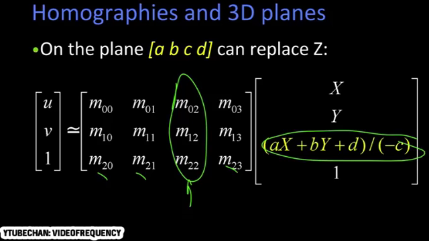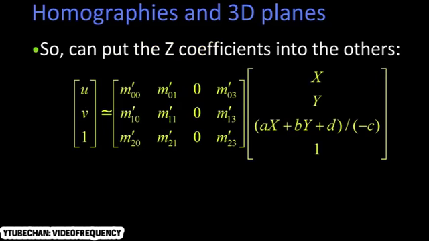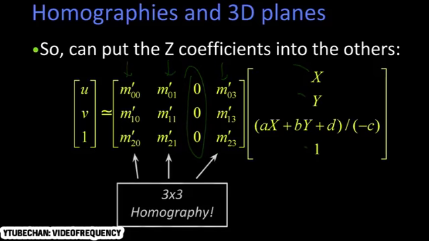I can put all the effect into those other 3 columns. So when I do that, it looks like this. And you'll notice I now have a column of zeros here. So that's really not doing very much. I just have these 3 columns multiplying x, y, and 1. But that's just a 3 by 3.